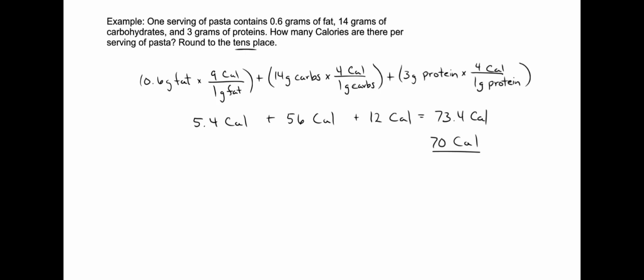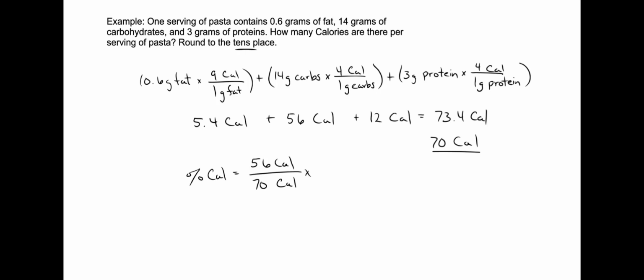I could ask you also what percent of calories come from each different category. So what percent of the calories, for example, are coming from carbohydrates? Well, that would be easy to find here. So the percent of calories from carbohydrates is going to simply be the part that comes from the carbohydrates, so that's 56 calories, over the whole of 70 calories.